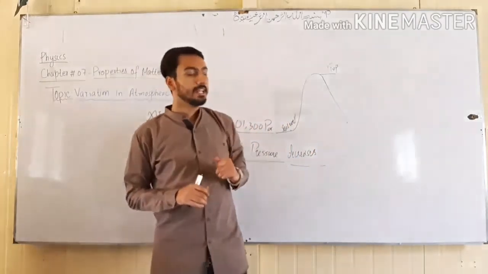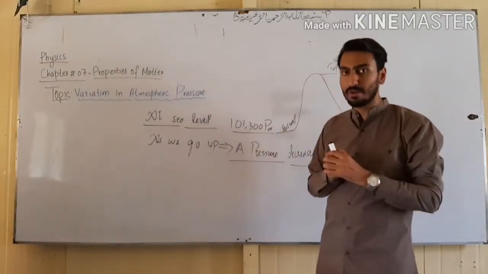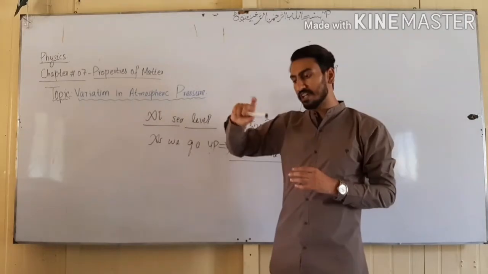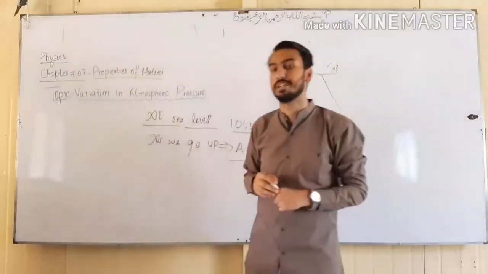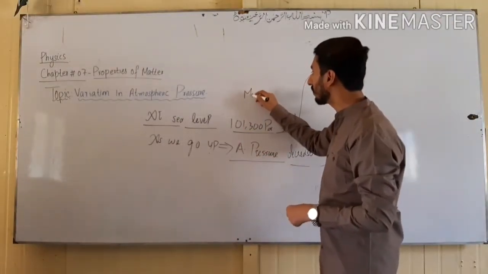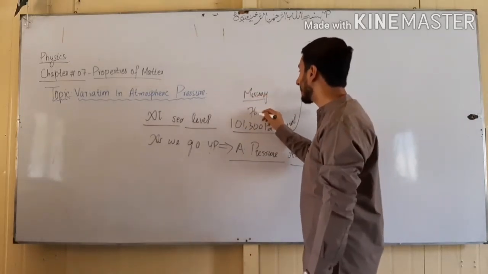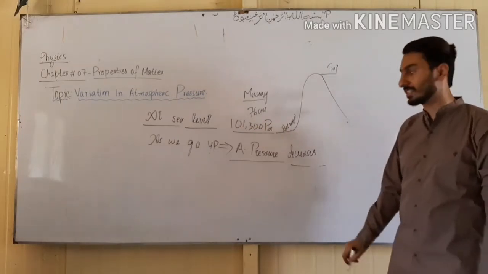We have studied that in a mercury barometer at sea level, the height of mercury is 76 centimeter, which was equal to 101,300 Pascal.